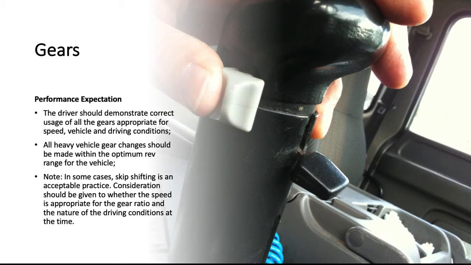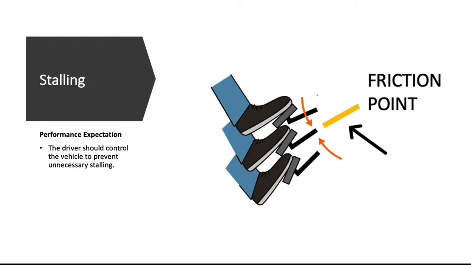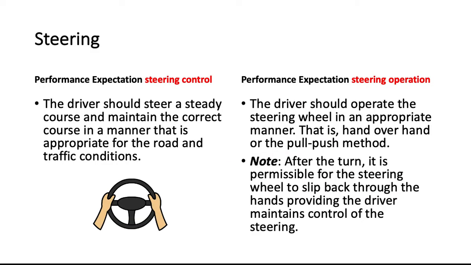In some cases, skip shifting is an acceptable practice. Consideration should be given to whether the speed is appropriate for the gear ratio and the nature of the vehicle conditions at the time. Stalling. The driver should control the vehicle to prevent unnecessary stalling.